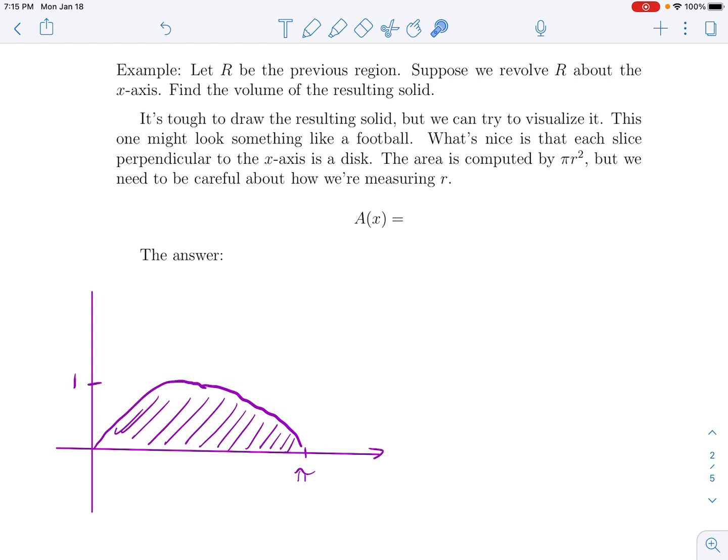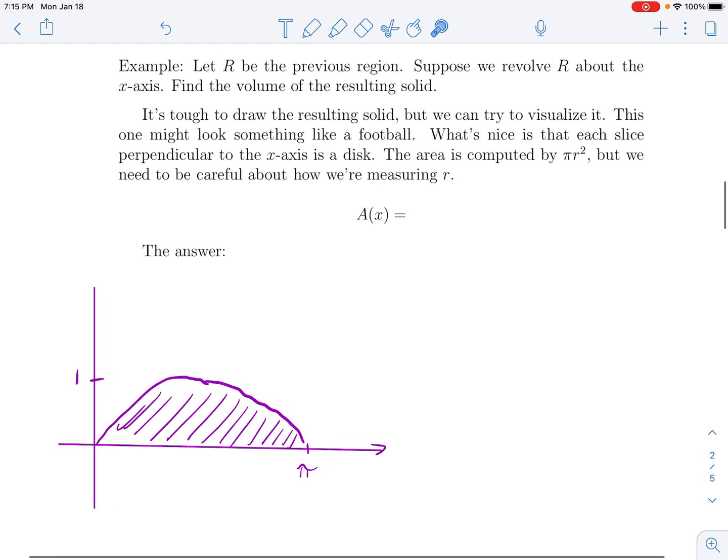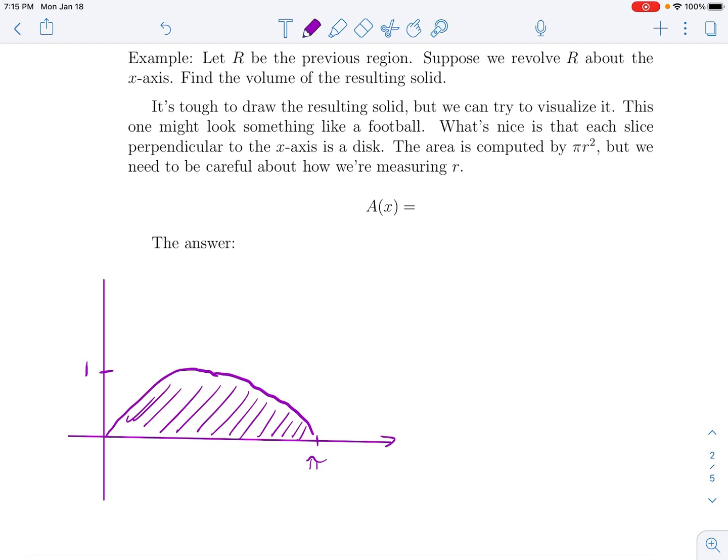How do we find the volume? We figure out what is the function that measures the area of each slice. So what I recommend is pick just some sort of generic x along the way and try to visualize what is the slice corresponding to that value of x. So we can take the vertical part of the region R corresponding to x and just imagine what is created when we spin that vertical segment around.